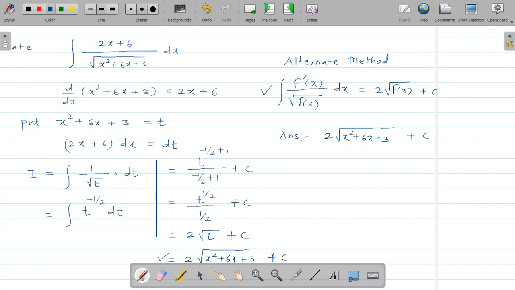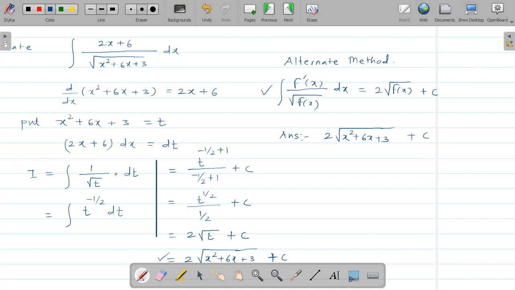So if you want to use this rule, then just mention this rule, and then directly by this rule you can write the answer, that is 2 times root of x square plus 6x plus 3 plus constant. Okay, so this rule is also applicable.